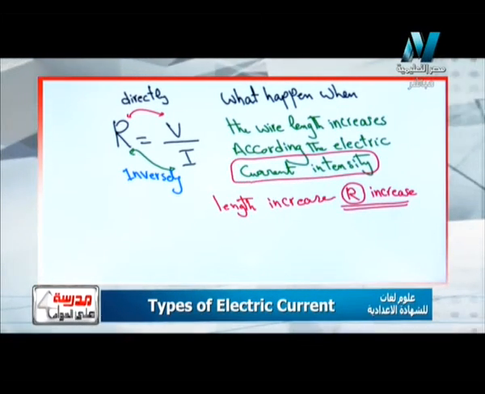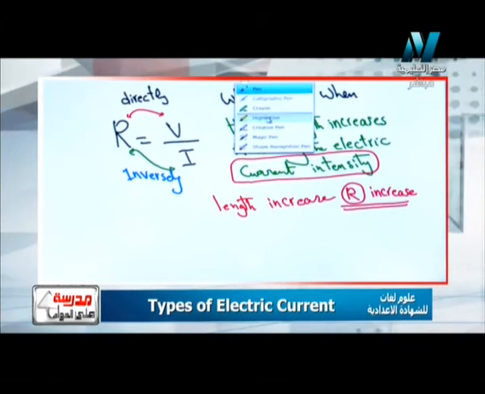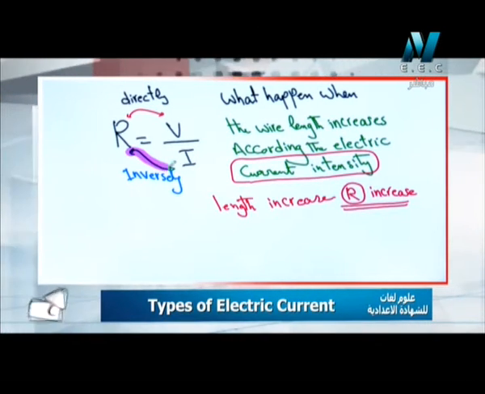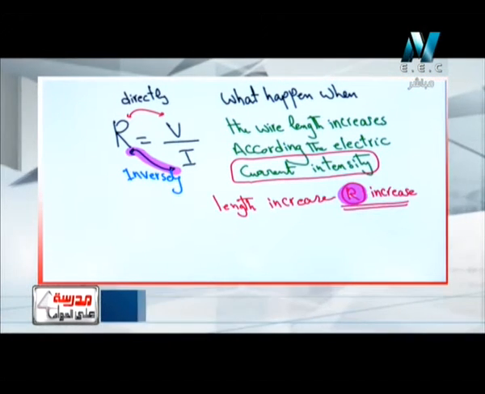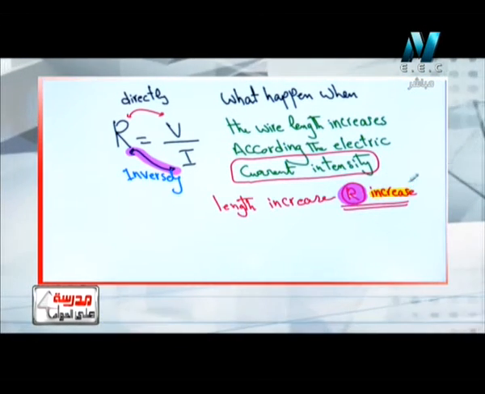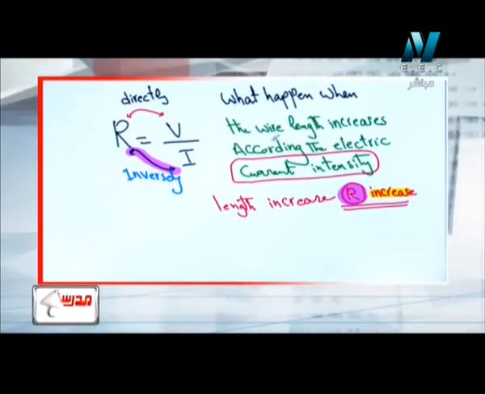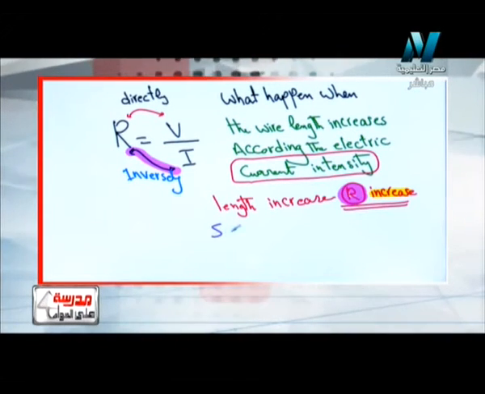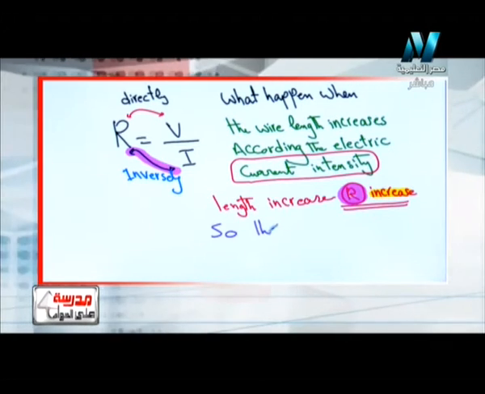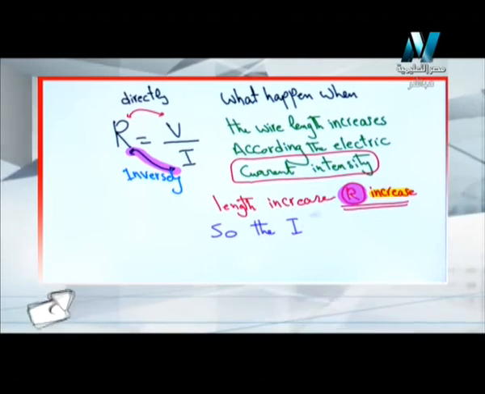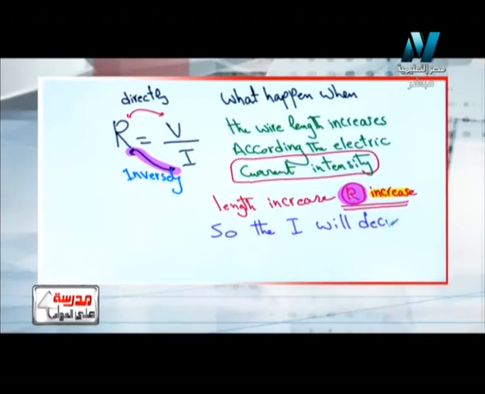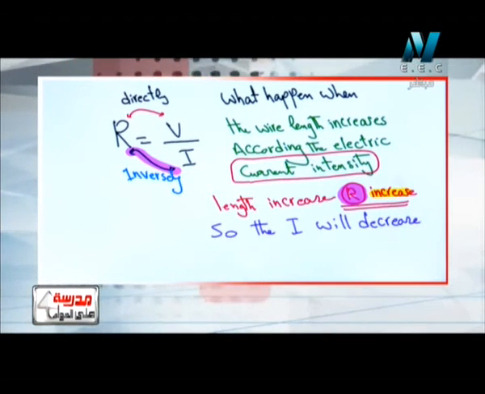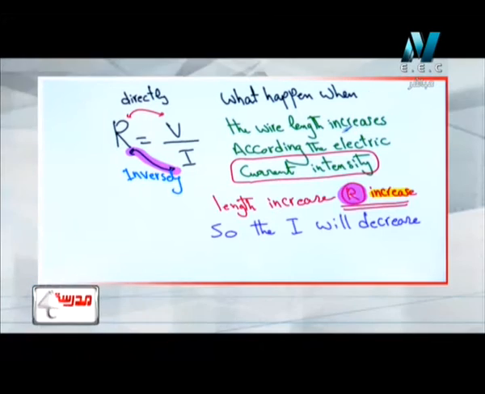I tell him the relation between electric current intensity and the electric resistance is inversely proportional. So electric resistance here will increase, so the electric current intensity will decrease.